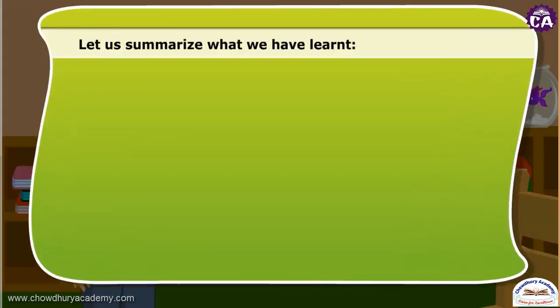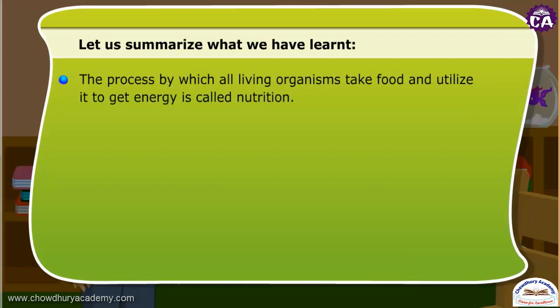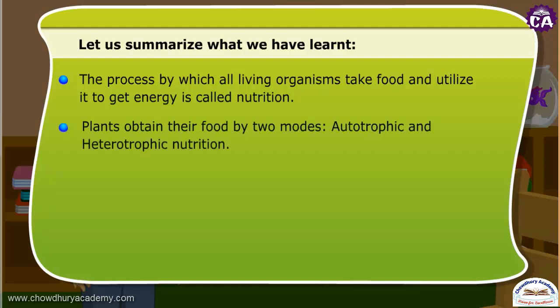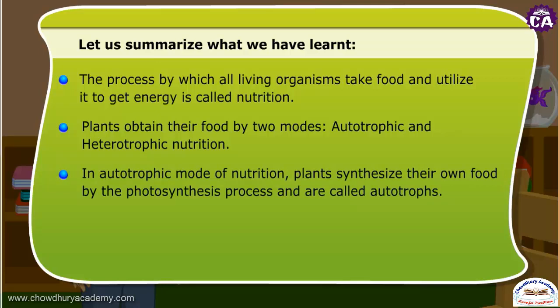Let us summarize what we have learned. The process by which all living organisms take food and utilize it to get energy is called nutrition. Plants obtain their food by two modes, autotrophic and heterotrophic nutrition. In autotrophic mode of nutrition, plants synthesize their own food by the photosynthesis process and are called autotrophs.